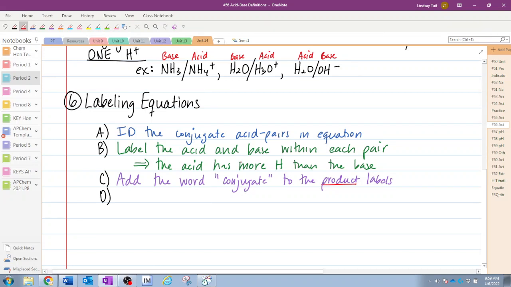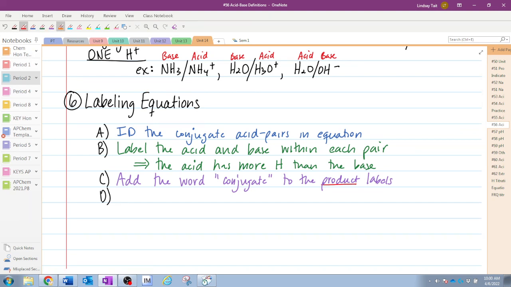This word conjugate makes me think of a magician that's going to conjure up something out of thin air. They're going to make something. That's what this word means, conjugate. It's what gets made. And in a chemical reaction, don't the products get made from the reactants? So that's what we're saying: the conjugate acid is what got made in this reaction. The conjugate base got made in the reaction. We didn't start with it, we made it.